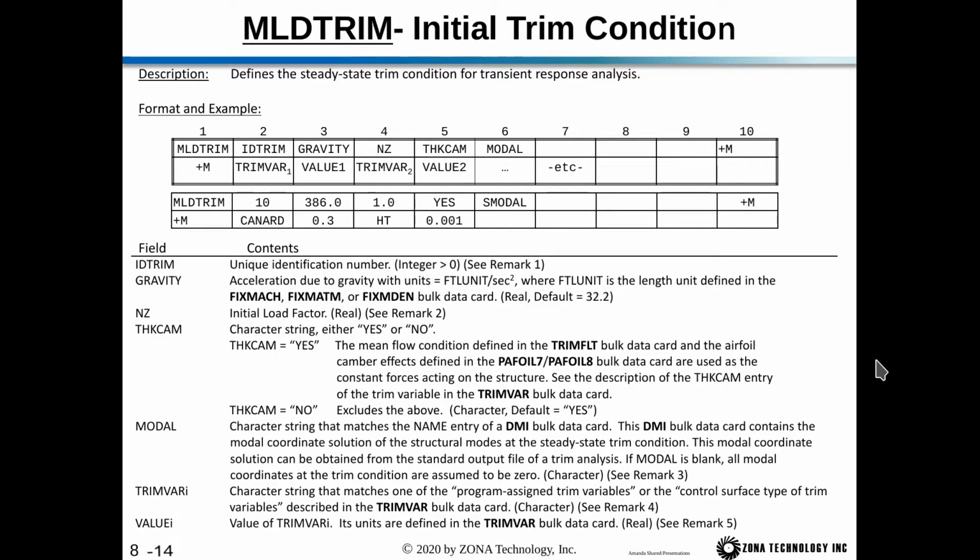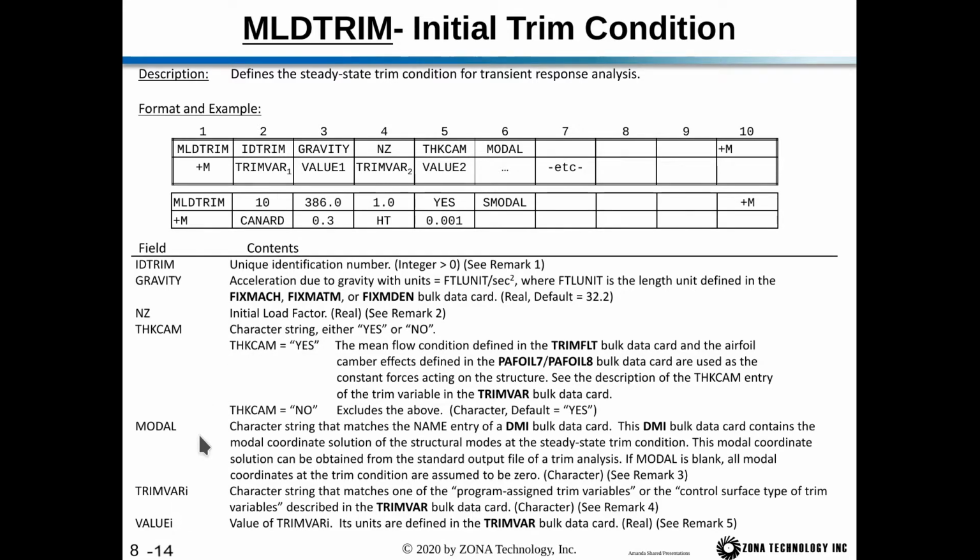So if you have an airfoil defined on your wing and you want the mean flow condition to include the camber effects from that airfoil, then you would want THICKCAM to be equal to yes, which is what you would want the vast majority of the time. However, you can specify THICKCAM equals no, which will exclude those effects. So basically, unless you really know what you're doing, don't set that to no. Always set THICKCAM equal to yes.